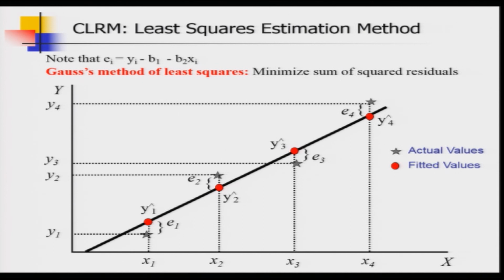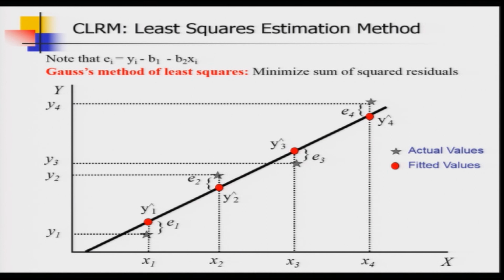So, how to proceed? Suppose someone has given me the b1 and b2 values. Now, plug the values of x1, x2, x3 and x4 one by one in the expression that I am showing at the top. This is the regression residual expression, and then I can generate e1, e2, e3 and e4. Why?